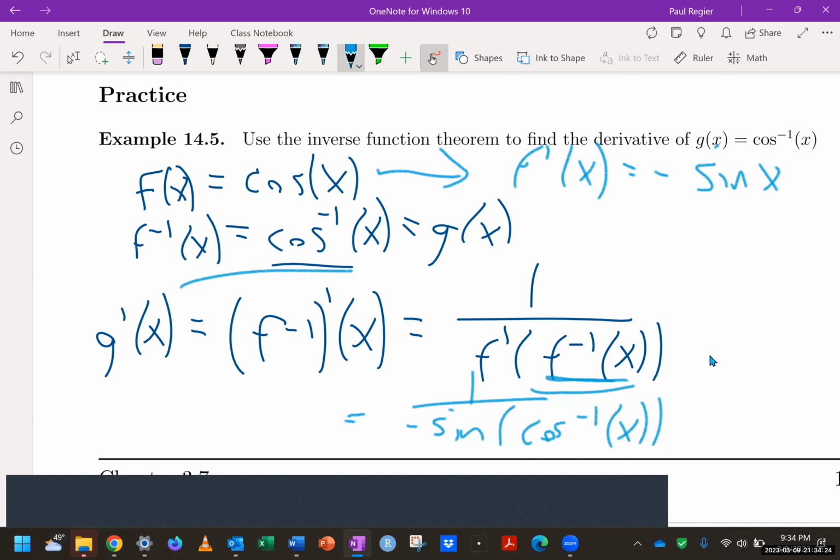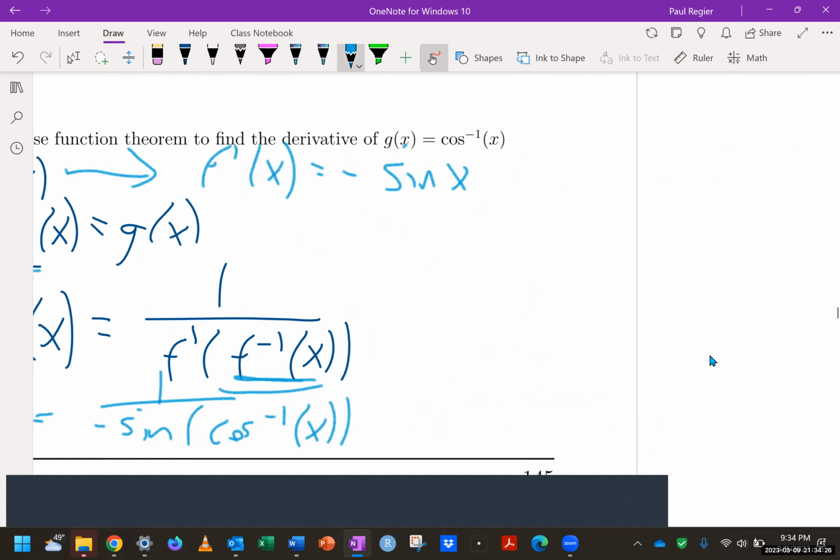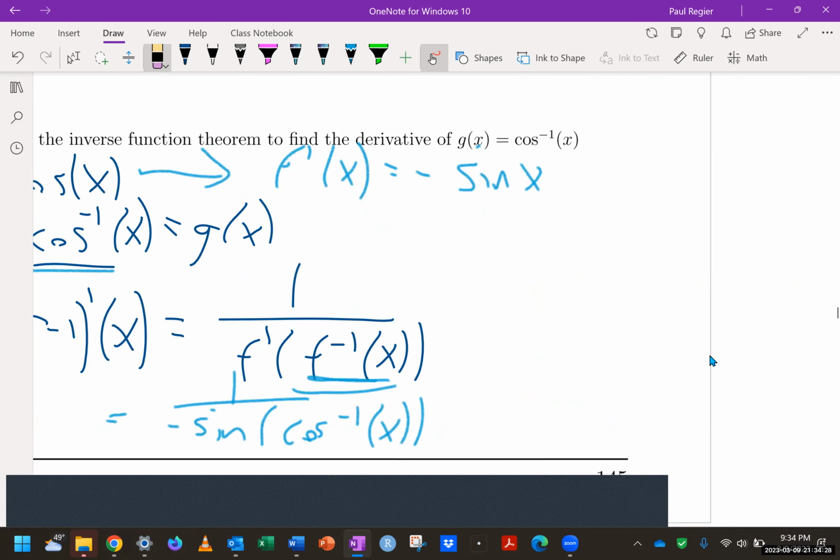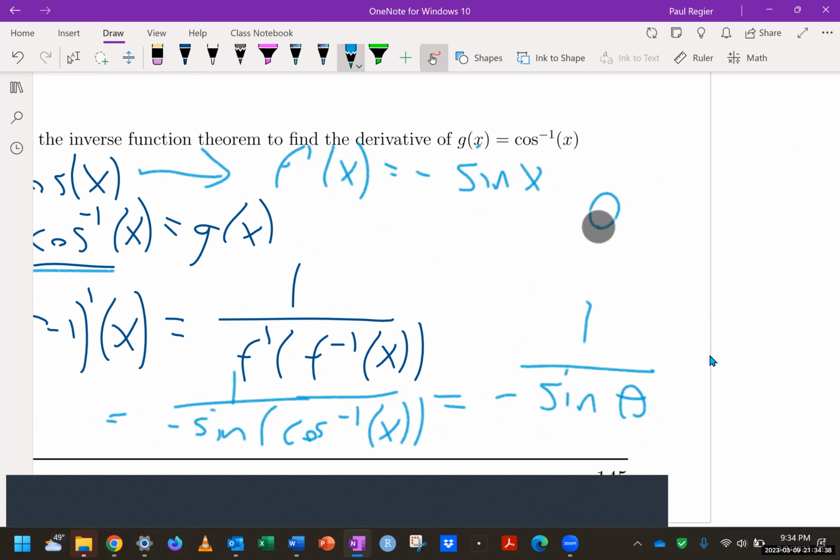Now, if we want to reduce it to something that's a little more readable, we're going to have to use some trig. So this thing right here we could write as 1 over negative sine alpha, where alpha now is cosine inverse of x. And then we can rewrite this as theta. Cosine theta is x.